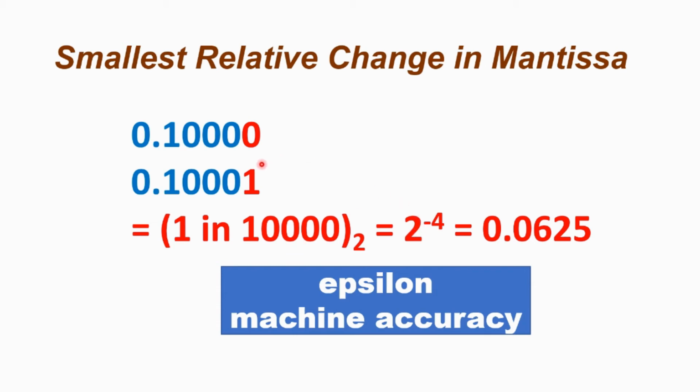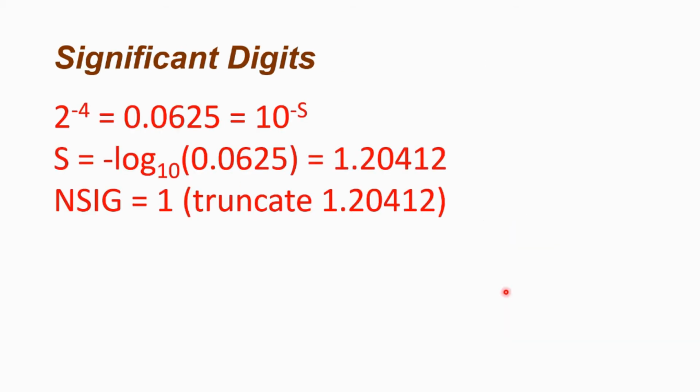So this represents a change of 1 part in 2 raised to power 4, or 1 in 16, that is 0.0625. This smallest possible relative change in the mantissa is known as epsilon, or known as the machine accuracy.